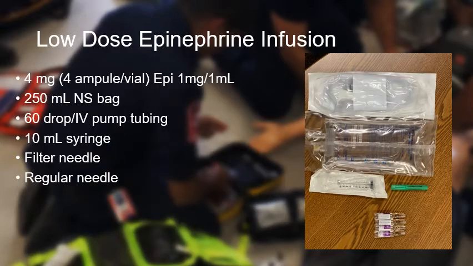In order to create low-dose epinephrine infusion for cardiac arrest per OMD protocols, you will need the following: 4 milligrams, 4 ampules of Epi 1 milligram per 1 ml. This could be, again, in the ampule or vial form. A 250 ml normal saline bag, a 60-drop IV tubing, a 10 ml syringe, a filtered needle, and a regular needle.